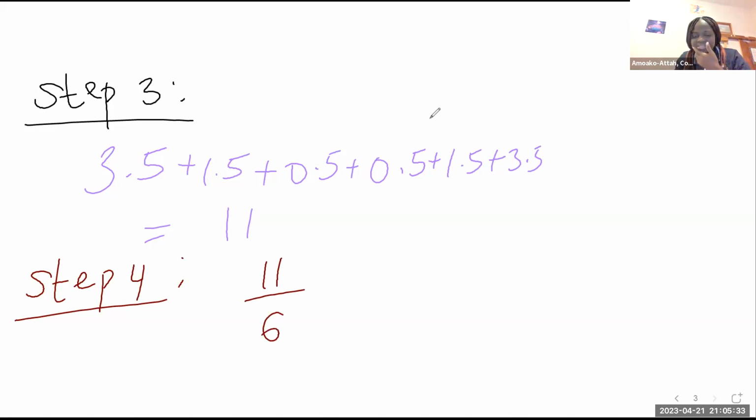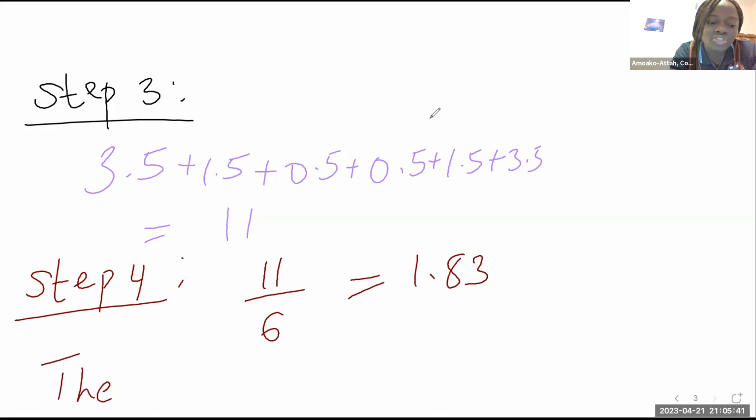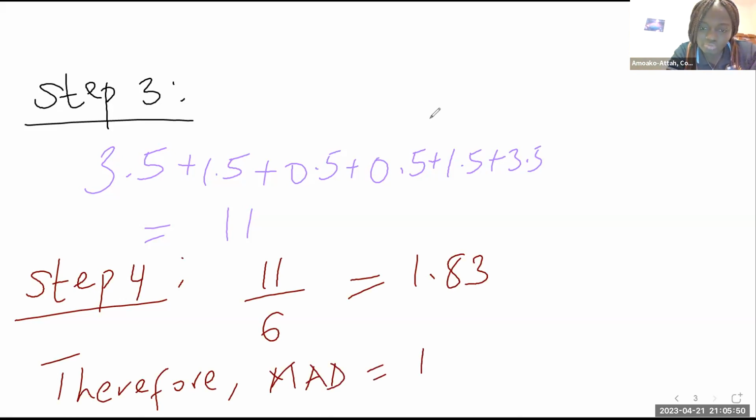If you divide 11 by 6, you're getting 1.83. Therefore, you have your mean absolute deviation to be 1.83.